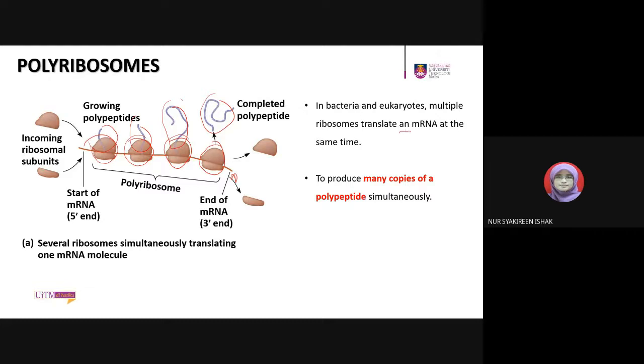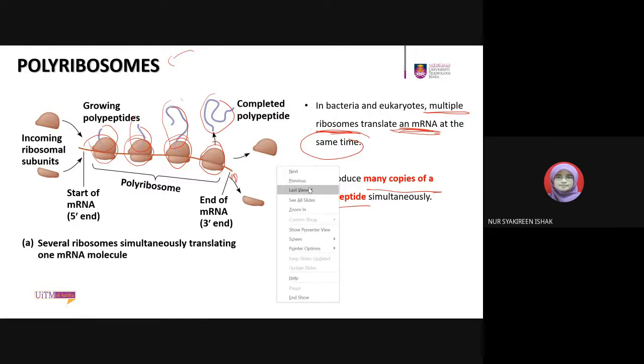Nampak? Many ribosomes translate one single mRNA at the same time. So that is polyribosomes. So this produces many copies of the same polypeptide chain simultaneously, dengan serentak. So dia boleh menghasilkan protein yang sama dengan serentak sebab banyak ribosome baca one single mRNA. Okay, so that is polyribosome.